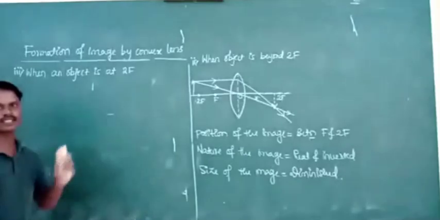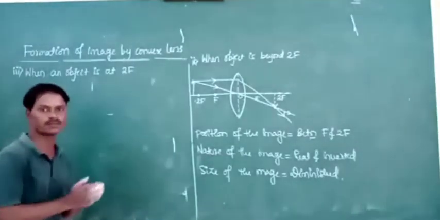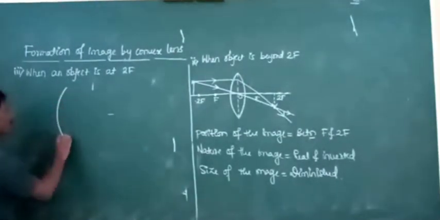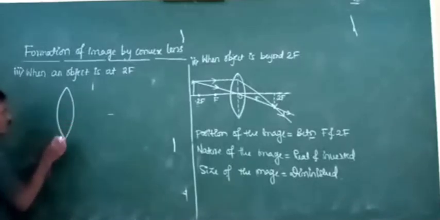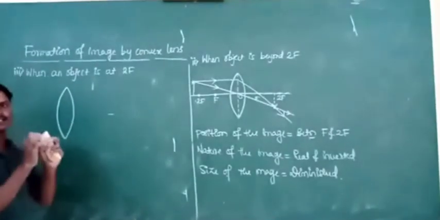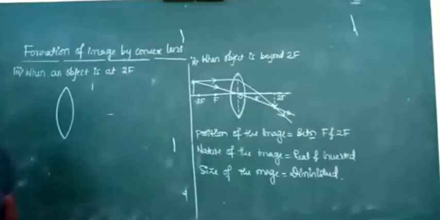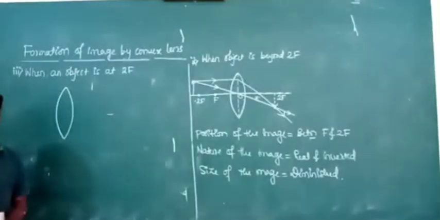Now let us draw the ray diagram to get the position of the image, nature of the image and size of the image. Be careful while drawing the ray diagram, take accurate measurements, then only we will get the exact position, exact nature and exact size of the image.